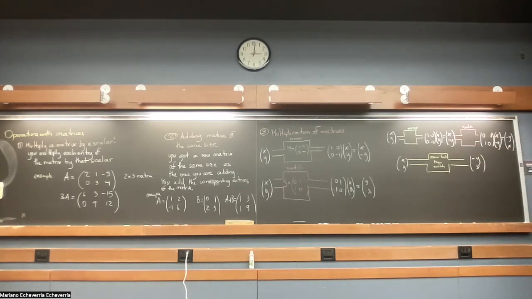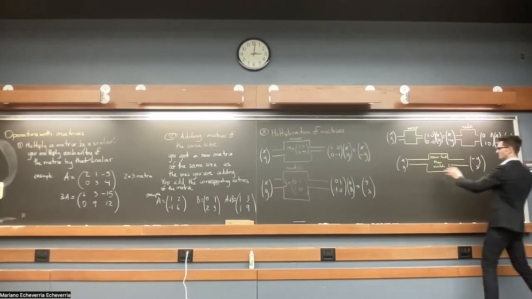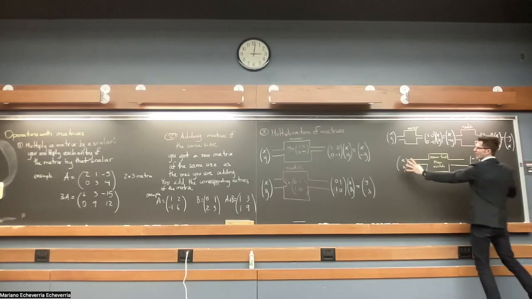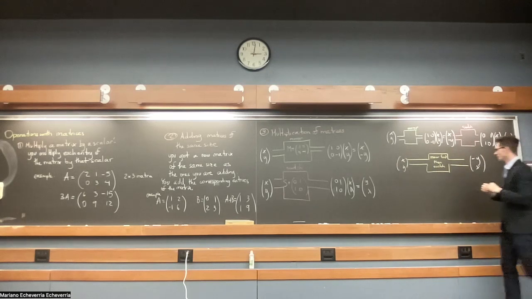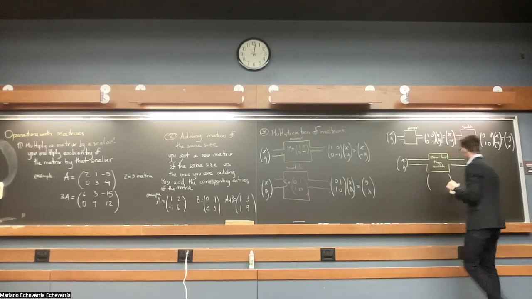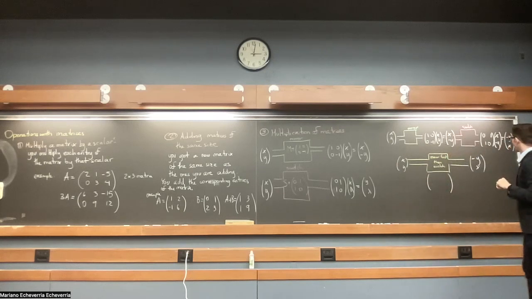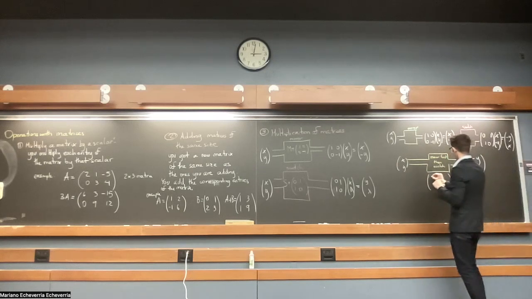If you think about it, there's actually a matrix we can use. It's a new question: I started with a vector x, y, and you end up with the vector negative y, x. Is there a matrix that describes this? Let's try to find it.